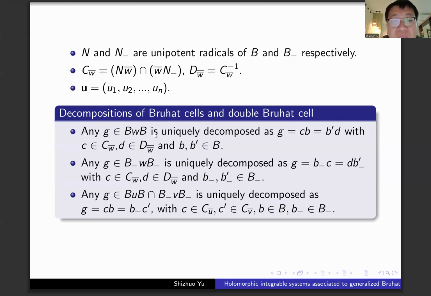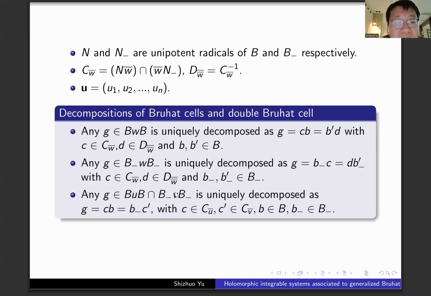At the same time, it can also be written in another way. And similarly, any element in B⁻wB⁻ can also be uniquely decomposed, as g equals B⁻ C, also equals D times D⁻ prime.